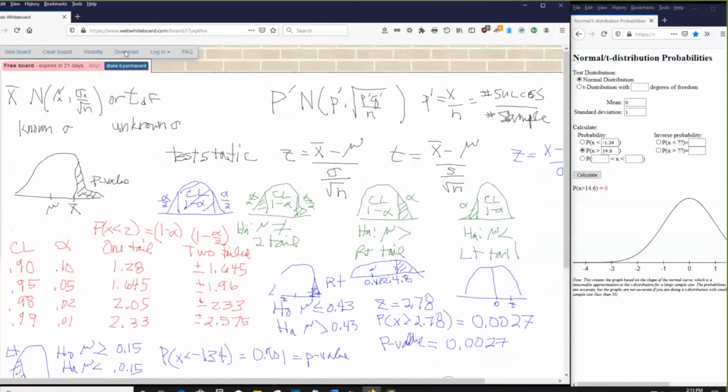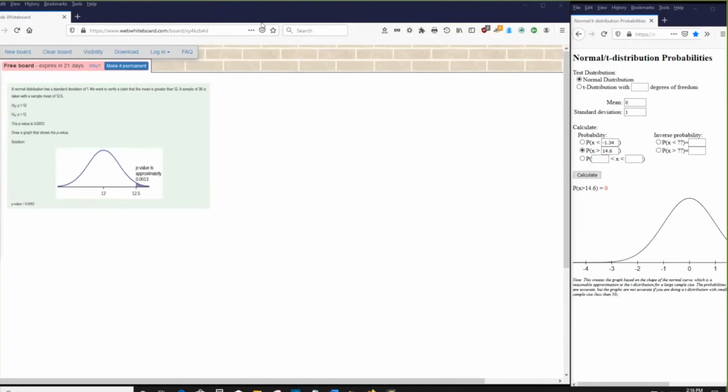Okay? So now let's do some actual problems. Okay, so let's say we're given a normal distribution that has a standard deviation of 1. We want to verify a claim that the mean is greater than 12.